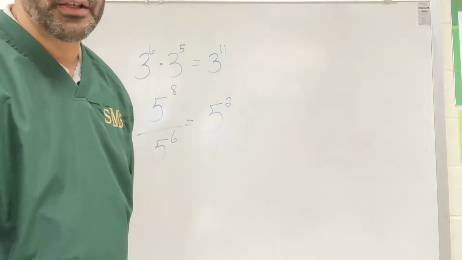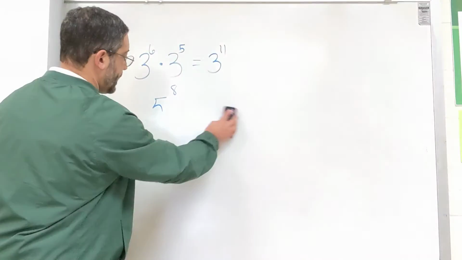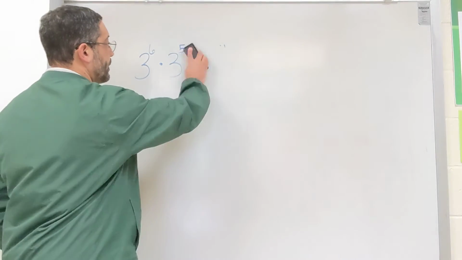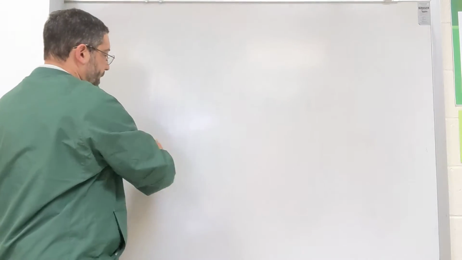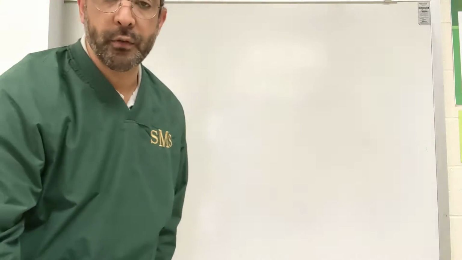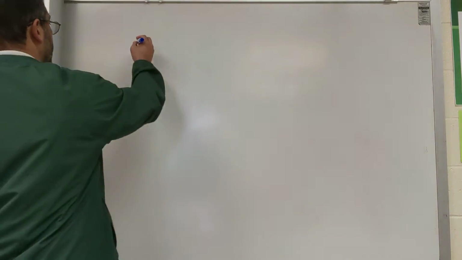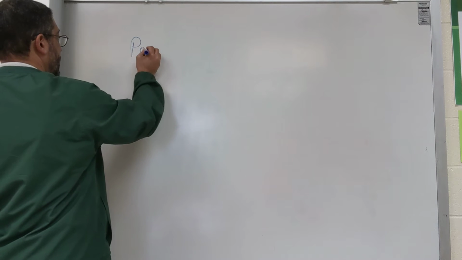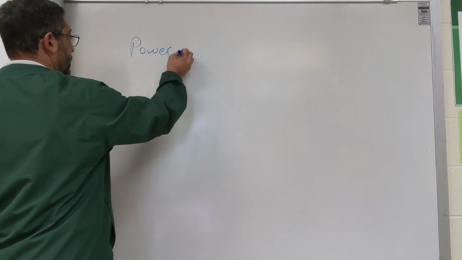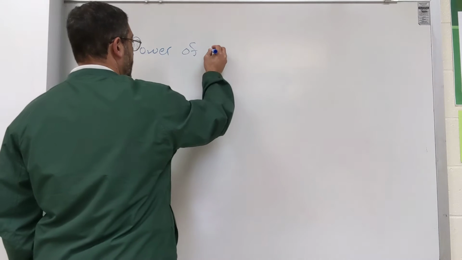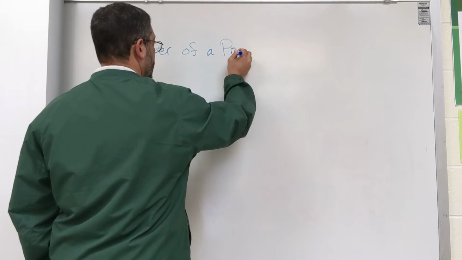The rule that we're going to learn today, and we kind of worked with it last week a little bit in a card sort that we did, but this particular rule is called the power of a product rule. Okay?